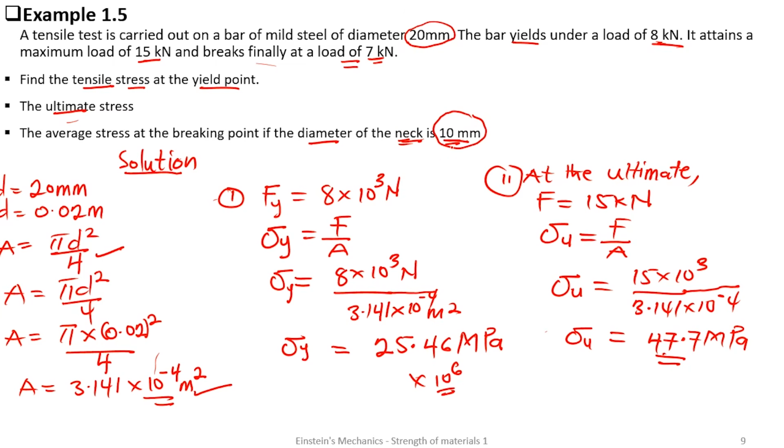So we are going to estimate another area before we can find the average stress at the breaking point. But the force is 7 kilonewtons. Are we good? So let's find the area where the diameter is 10 with a force of 7 kilonewtons and find the stress at the breaking point.